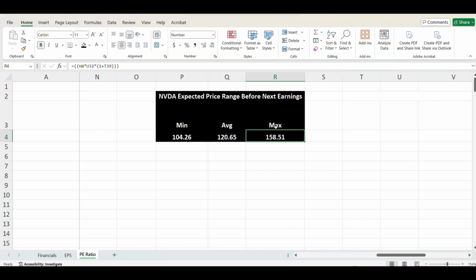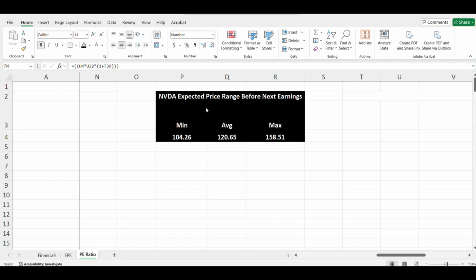So the maximum price projection that is 158 looks a little high, but based on the latest EPS and the EPS projections, the calculation tells me 158 is not impossible in the next 3 months. So the min, average and maximum price range gives us an idea that Nvidia may not go below 104 in the next 3 months and also should not go above 158 in the next 3 months.